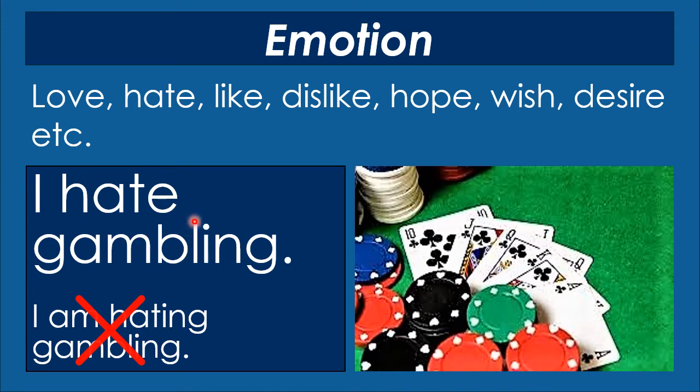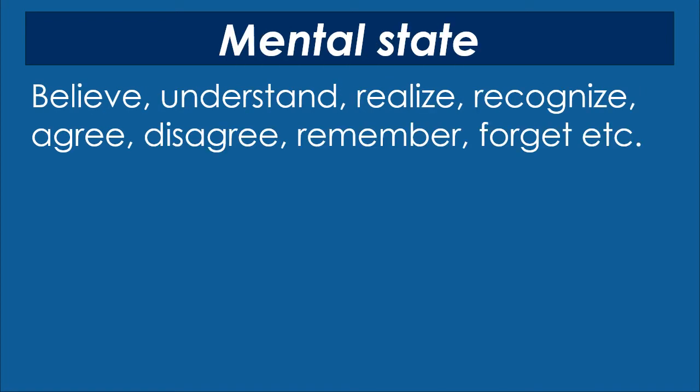Here the verb is hate and it is describing an emotion. And as I have said earlier, you cannot use a state verb in continuous form. I am not hating gambling or I am hating gambling. These are not correct. You cannot use them.